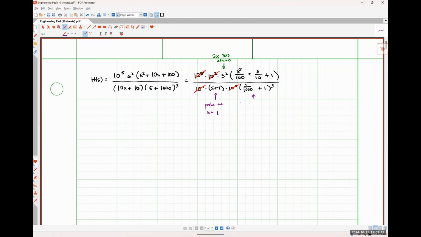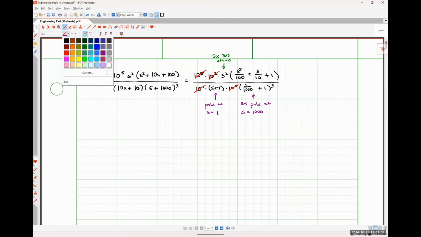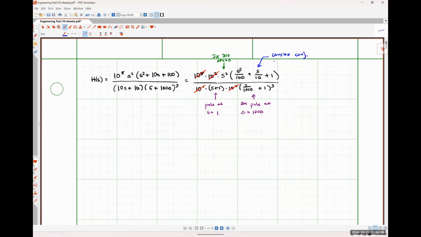And I have a 3 times repeated pole at s is equal to 1,000. And then I have this guy right here, which is a complex conjugate pole. Excuse me, conjugate 0 at omega naught is equal to 10.